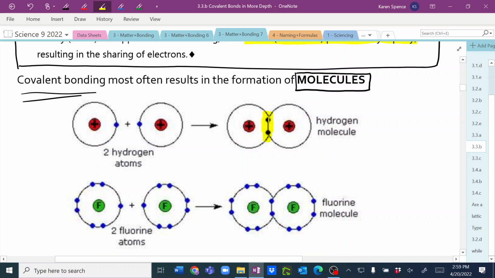How would we show that single bond in the hydrogen molecule? We would draw a hydrogen bonded to a hydrogen. And what would the symbol for that molecule be? H2.